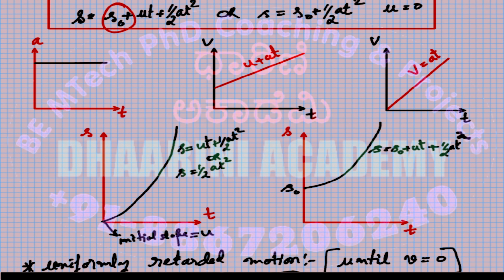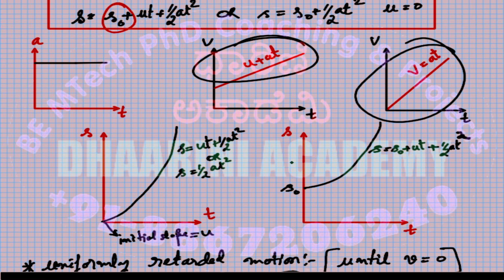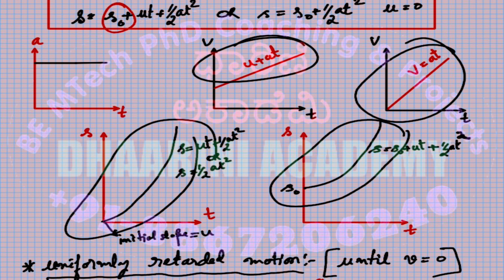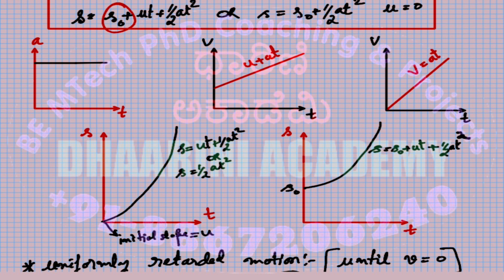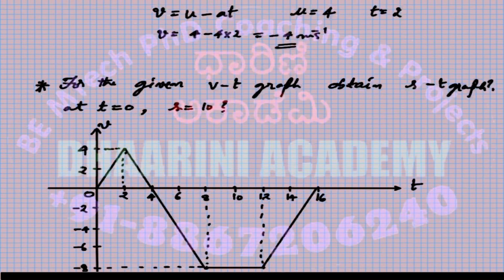Velocity is linear, right? I can see that the displacement will be like this or this, right? So that's what my curve is. It's non-linear increasing.